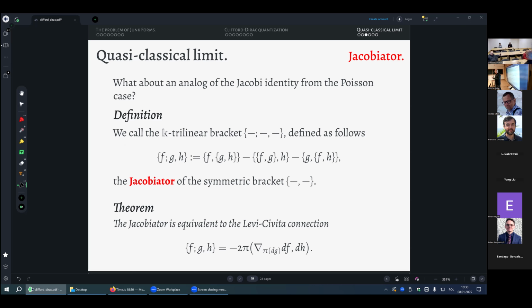In the limit of this one parameter deformation, you obtain this symmetric bracket coming from this form, which means that you are reconstructing the metric. But where is this Levi-Civita connection? Surprise, the Jacobiator, now, on this level.